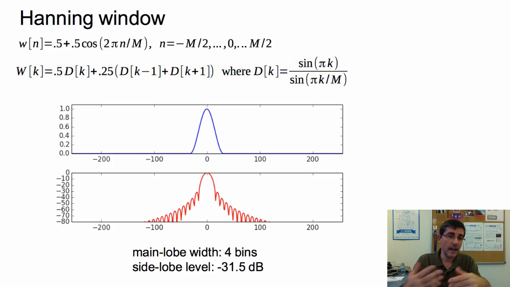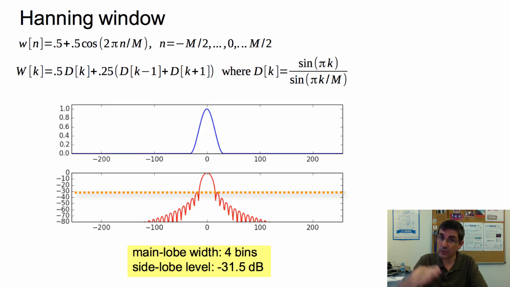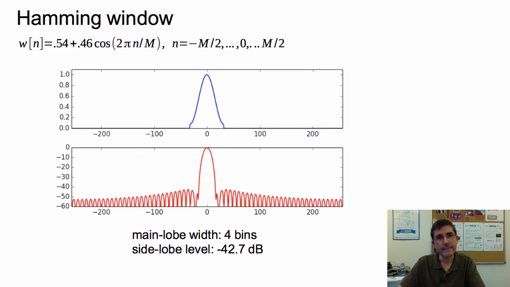Again, the two values that characterize this frequency domain shape are the width of the main lobe, which is 4 bins, so twice as much as the rectangular function, and the side lobe level, which is minus 31.5 decibels, so which is lower. Again, now the main lobe is wider and the side lobe level is lower.